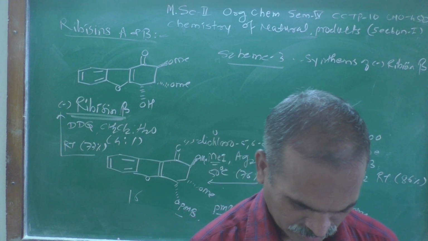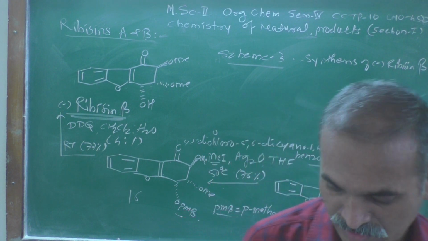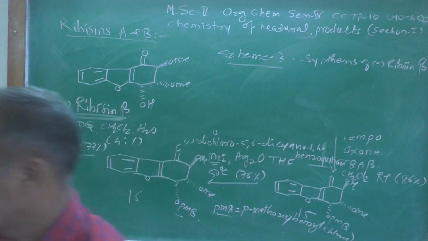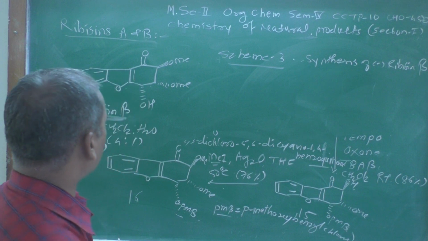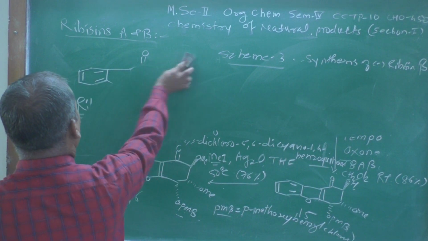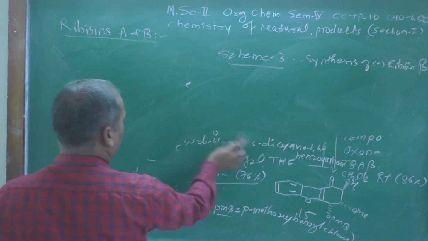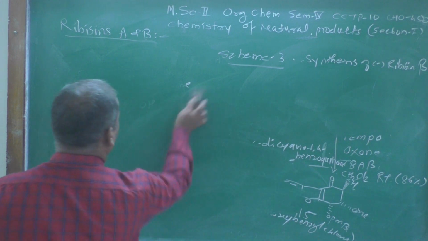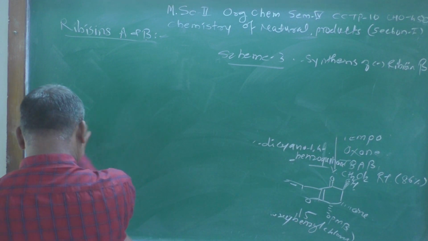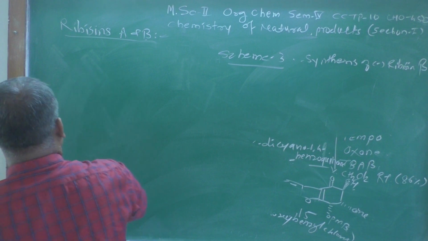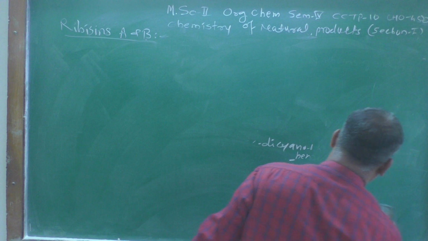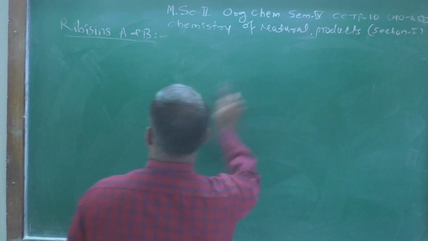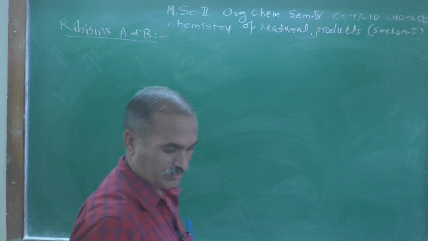So, let's see scheme number 4, which we will discuss in this particular lecture. This is the whole story regarding the synthesis. Just now we have seen the description of that, and now we are discussing scheme number 4.